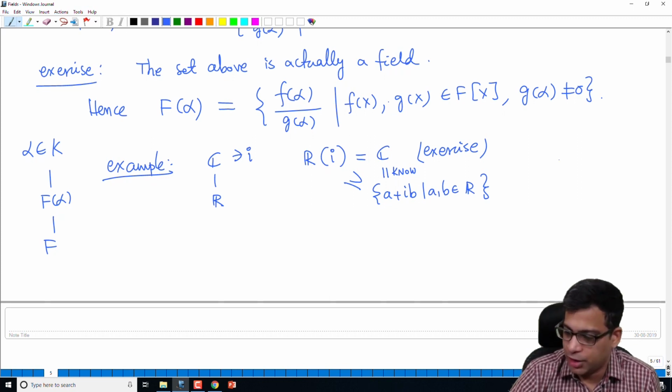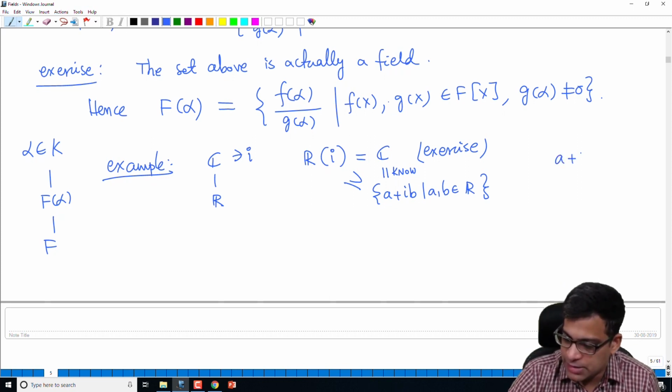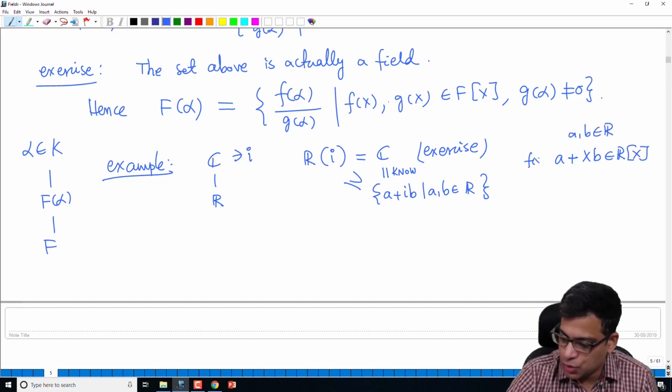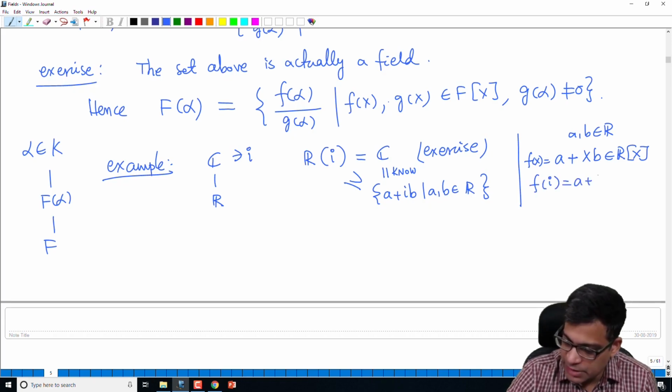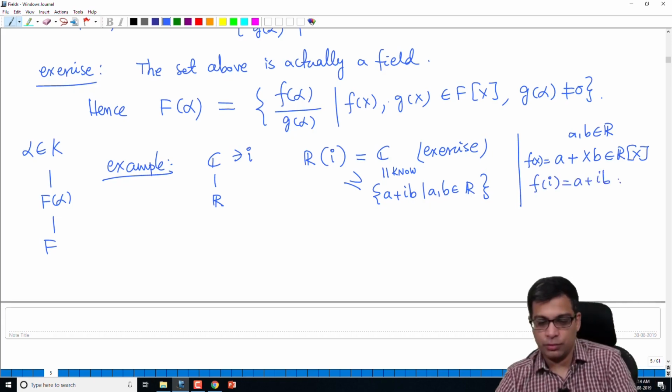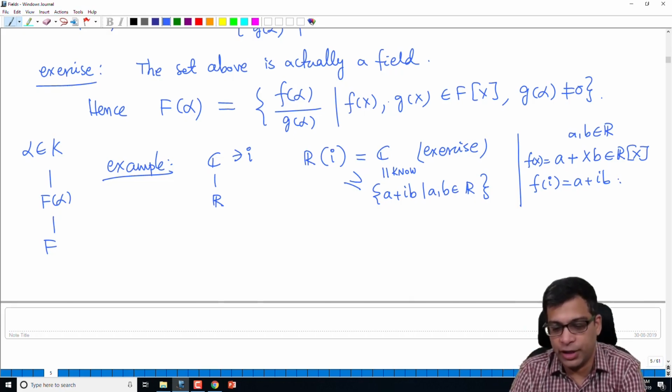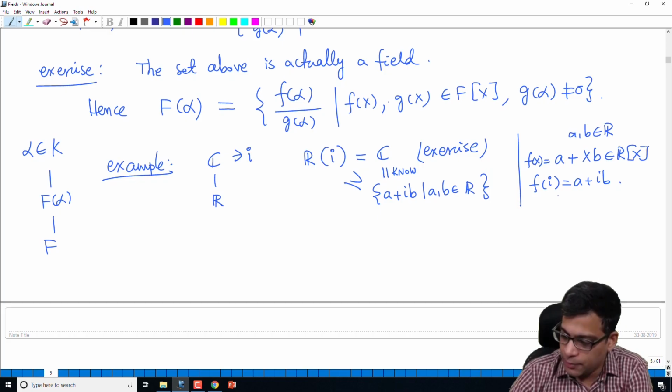In particular, you can take the polynomial a plus xb, right? So this is in R[x], because a, b are in R. If you take this to be f(x), what is f(i)? This is a plus ib. So just taking the polynomials, we do not even need to take ratios.